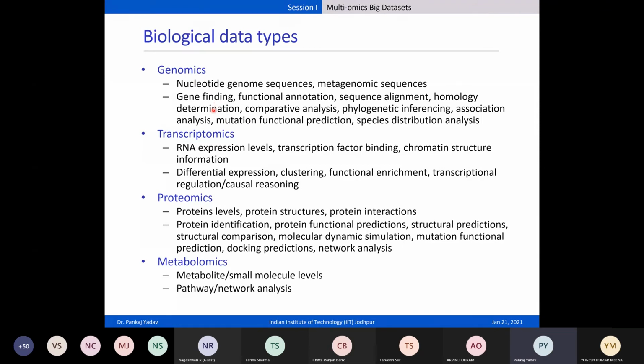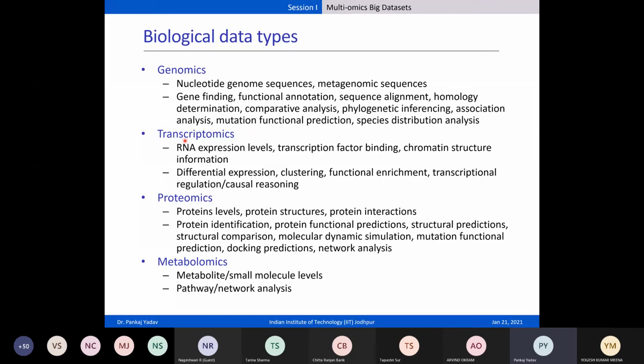And then the next layer of data that comes in biology is transcriptomics. So remember, we have learned about this process where the DNA goes to protein, right? So how do we reach there? First the DNA is transcribed into RNA, and then RNA is translated into proteins. So I hope you remember that.